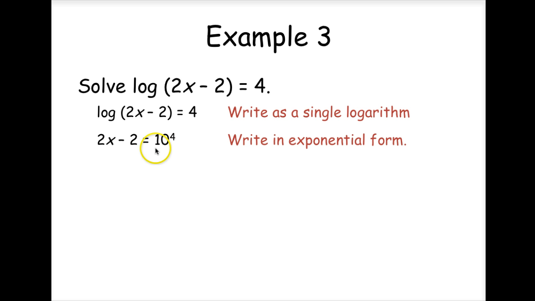Now write it in exponential form. 2x minus 2 is equal to, that base is 10, to the 4th. Then we're going to expand 10 to the 4th power, add 2 to both sides, and divide by 2.